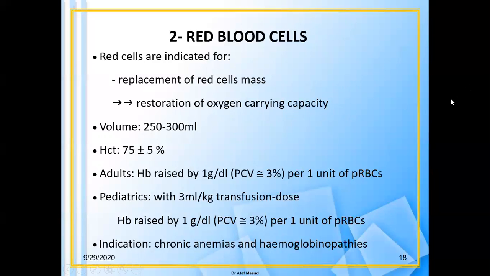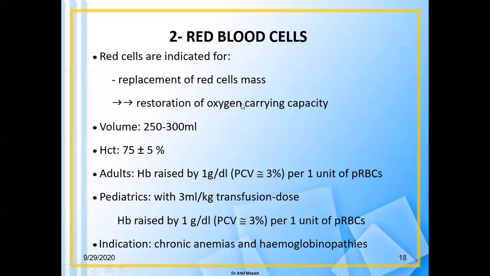Anemia means a low amount of red blood cells. Maybe the reason for low red blood cells is a disease or a destruction of RBCs. So the patient needs restoration of oxygen carrying capacity.